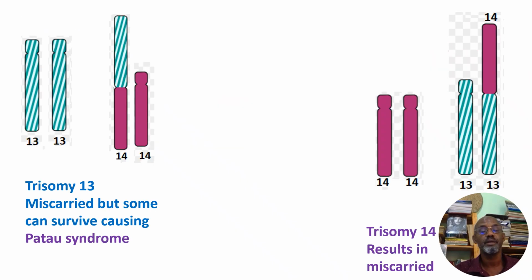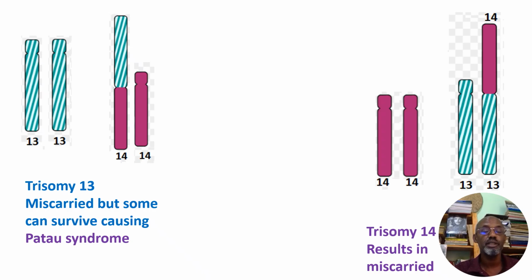Then what happens if an individual baby receives chromosome 13 normal from dad, chromosome 13 normal from mom, but that baby receives one normal chromosome 14 from dad and one translocated chromosome 14, which contains the long arm of chromosome 13?